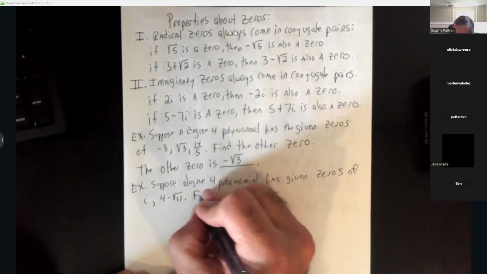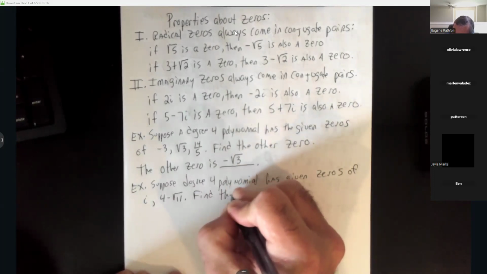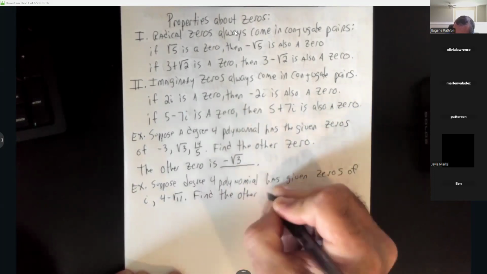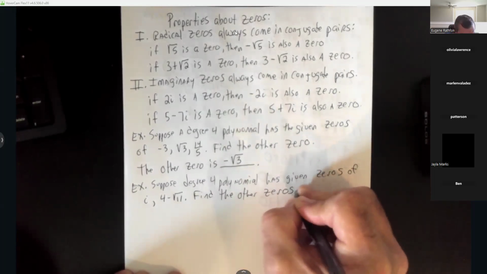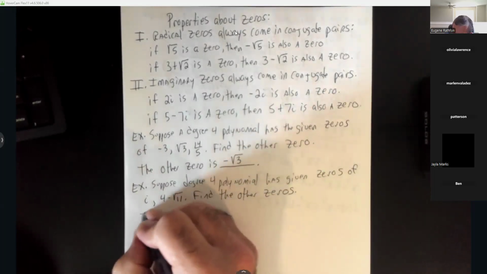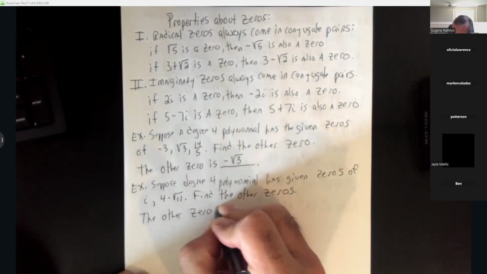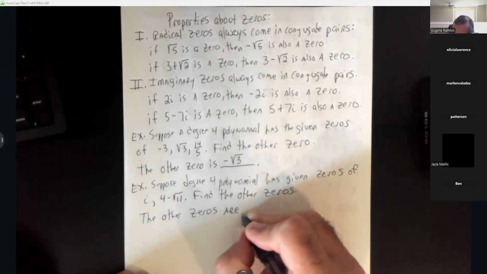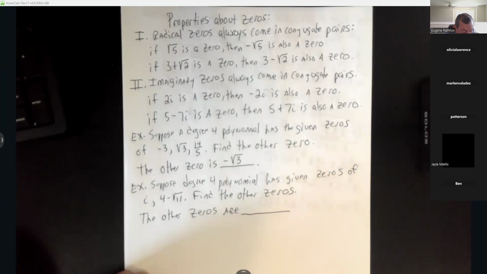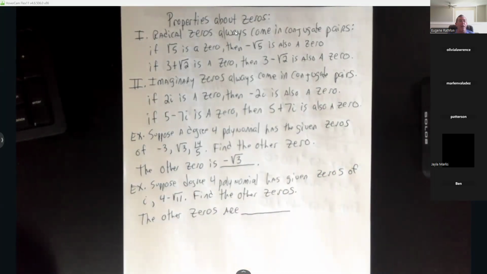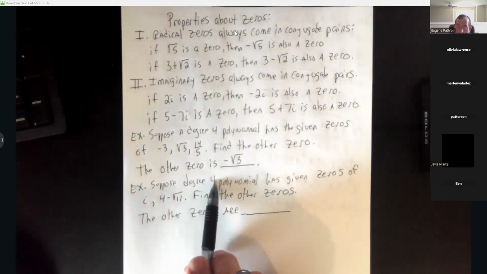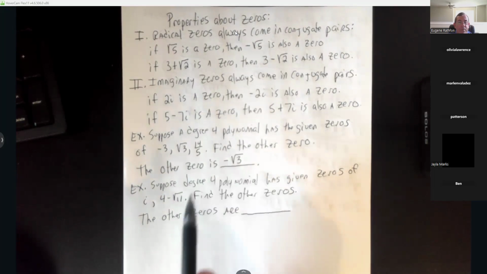Find the other zeros. See, all the other zeros are blank. All righty, so they gave me 2 out of a possible 4 zeros.